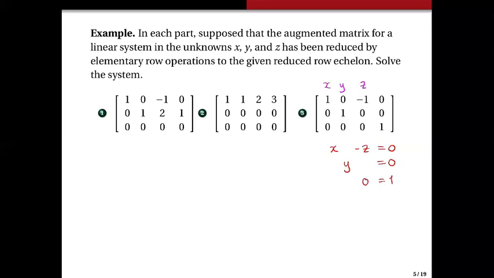Notice, this here, 0 equals 1, this will never happen. This is a contradiction. So what does this mean? The linear system whose augmented matrix can be reduced into this has no solution.